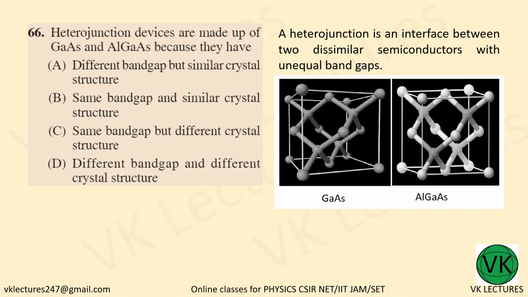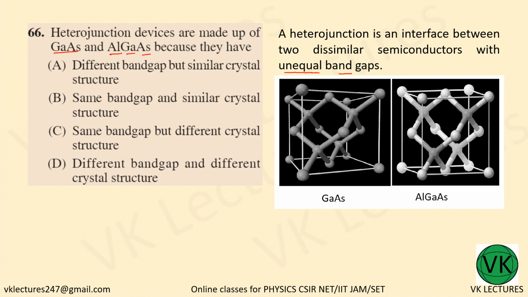Question number 66. Heterojunction devices are made up of GaAs, that is gallium arsenide, as well as aluminum gallium arsenide, because they have unequal band gaps.